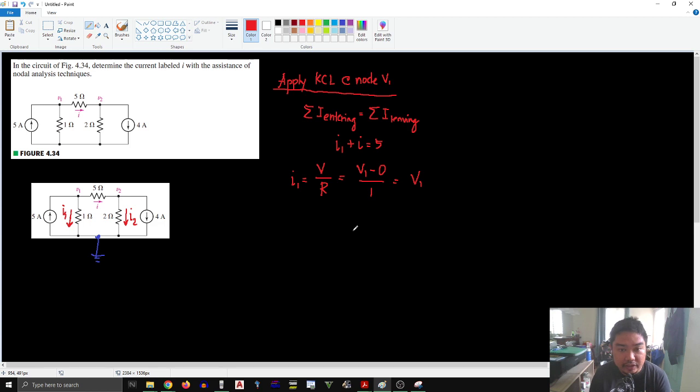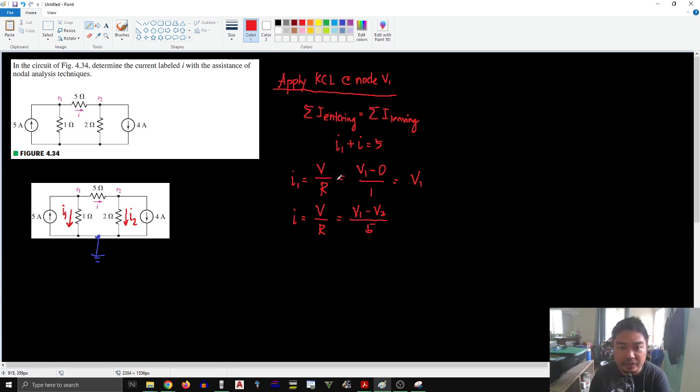Now for current I, it is still the same: voltage over the resistance, the potential difference. It says here that it rises from V1 to V2, so V1 is more positively charged. Therefore I is V1 minus V2 over 5.